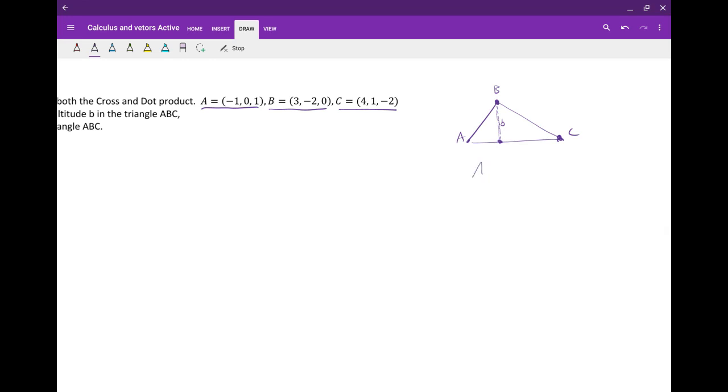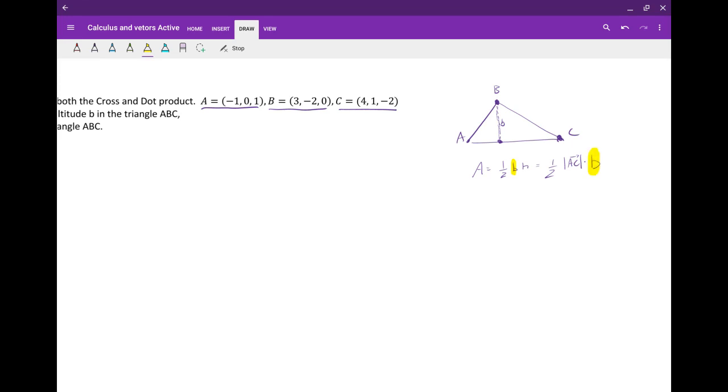So we know that the area of the triangle is 1/2 base times height. The base could be the magnitude of the AC vector times the height, which is B. Sorry, I used the letter B here as well, but this letter B and this letter B are different.